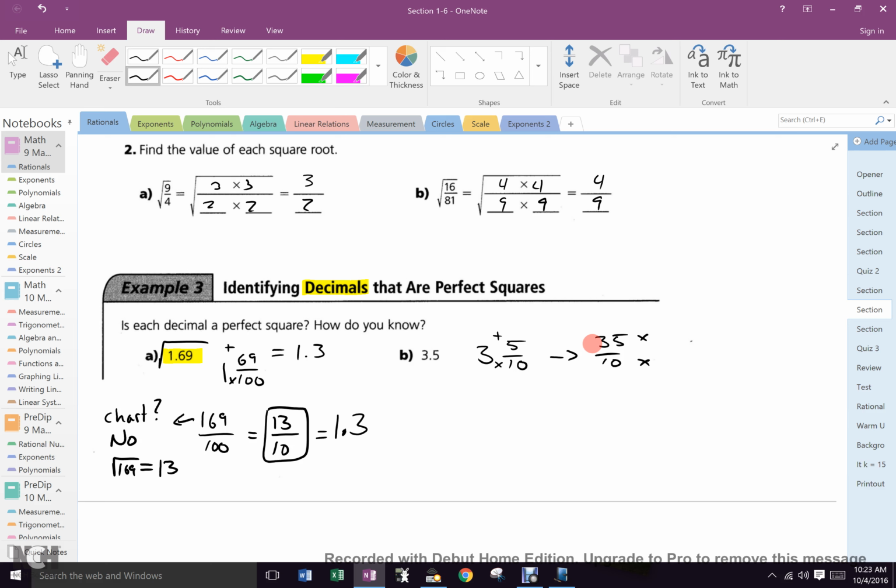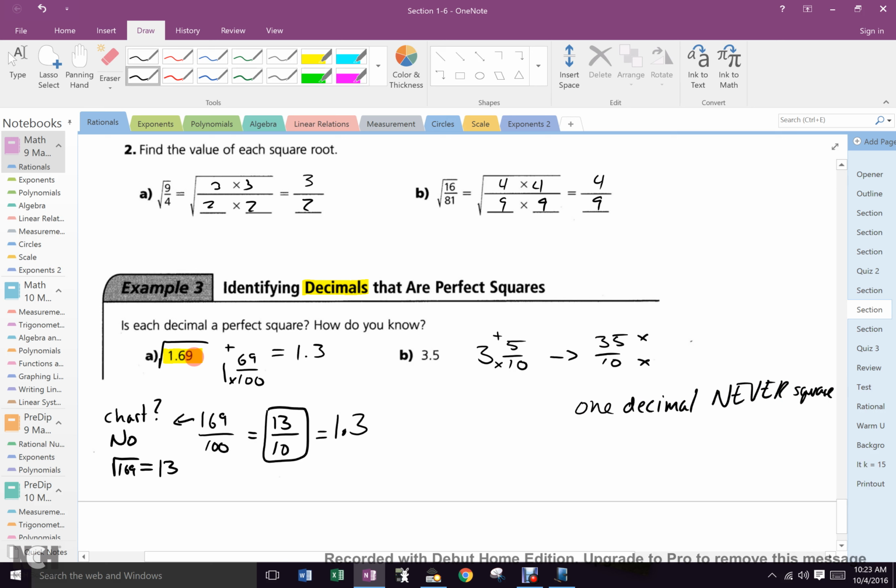No. So does a 1 decimal ever have a square root? No. Can't. Can it? Because it's always over 10, isn't it? So 1 decimal is never a square.